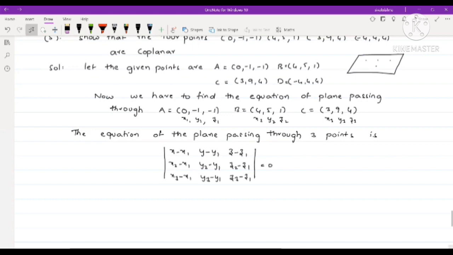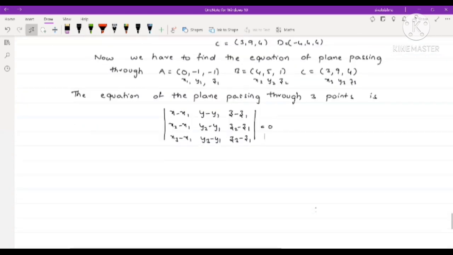Now we have to substitute the values in the formula. In the first row, x minus x1, x1 is 0, so we write x minus 0, y minus y1 gives y plus 1, and if you substitute z1 we get z plus 1. In the second row, x2 minus x1, 4 minus 0 gives 4.